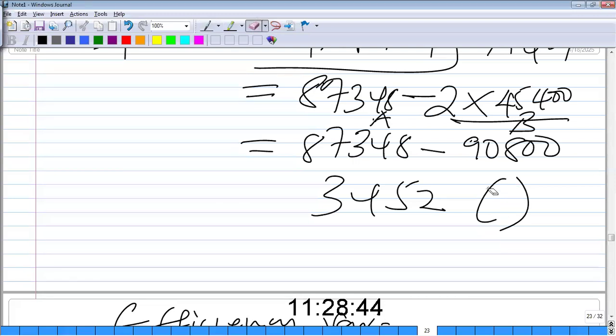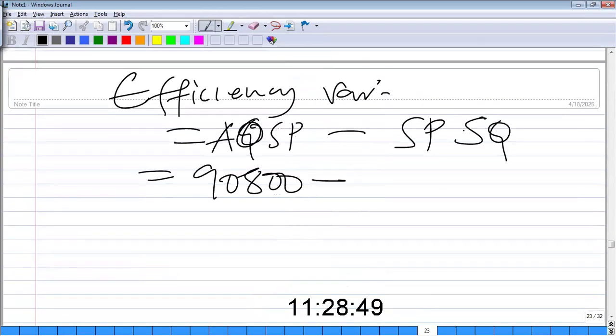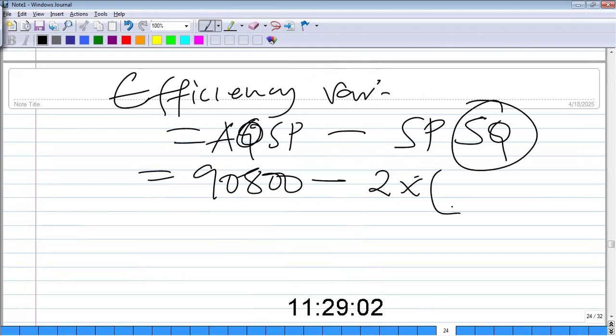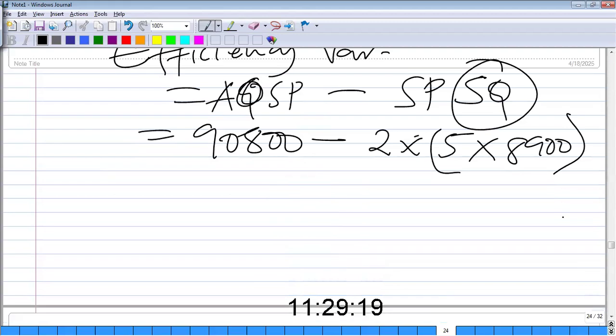Okay. So 90,800. And then what's the standard price? $2. Standard quantity is equal to standard consumption per unit, which is 5 hours, times how many units? 8,900 actual units.